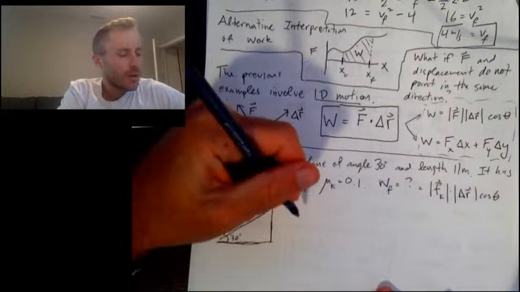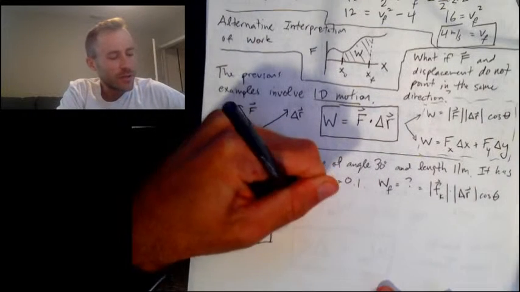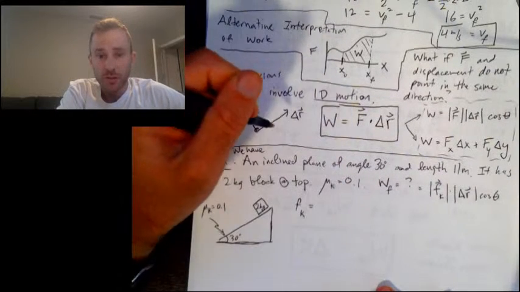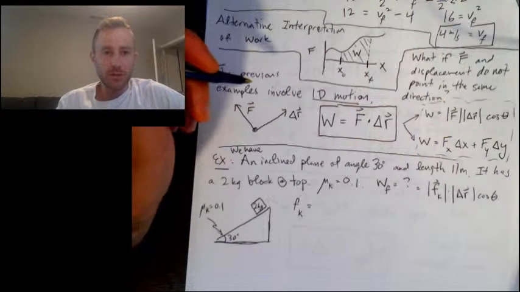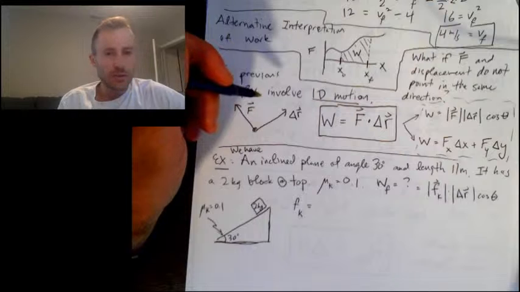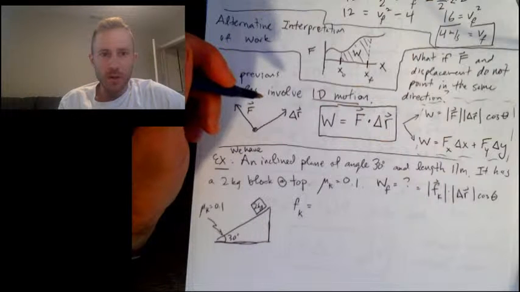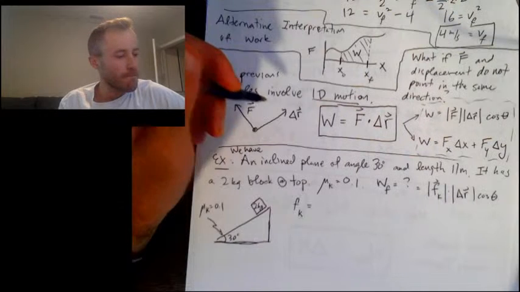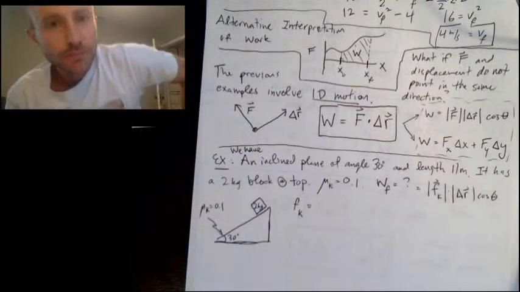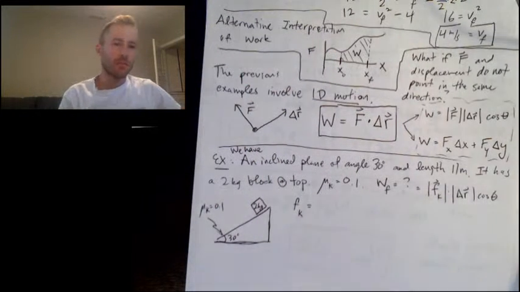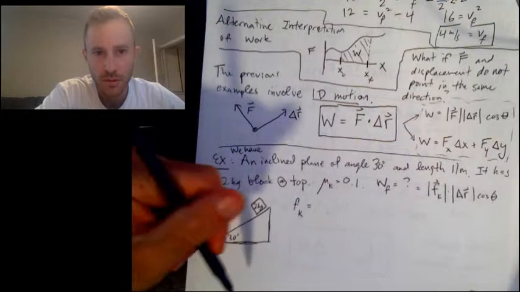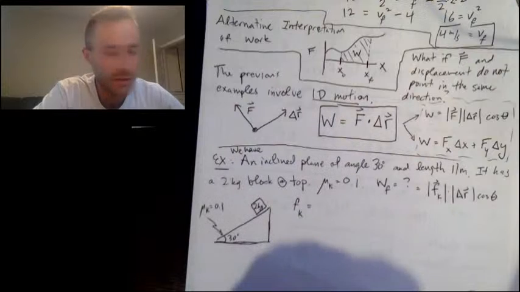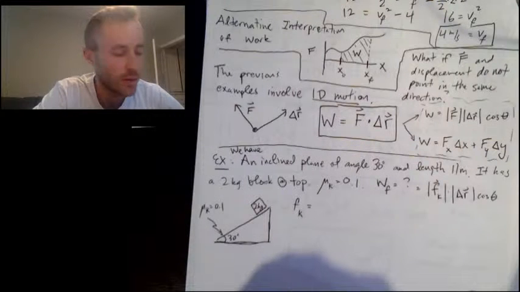The first thing I have to do is get the magnitude of the friction force. We've already had an inclined plane lesson, so I assume you already know how to calculate kinetic friction on an inclined plane.